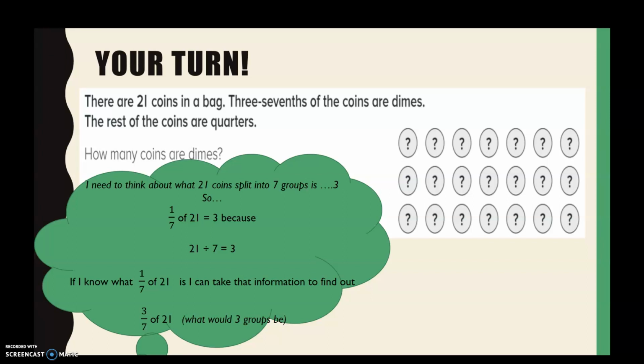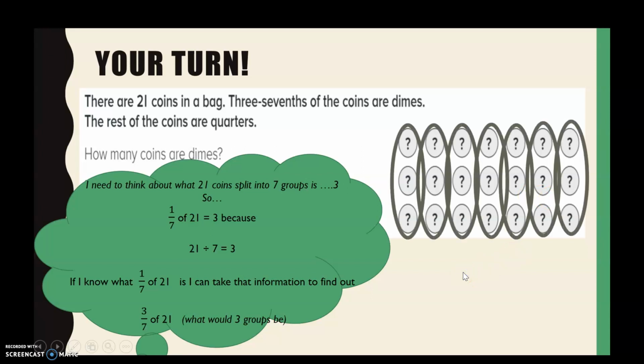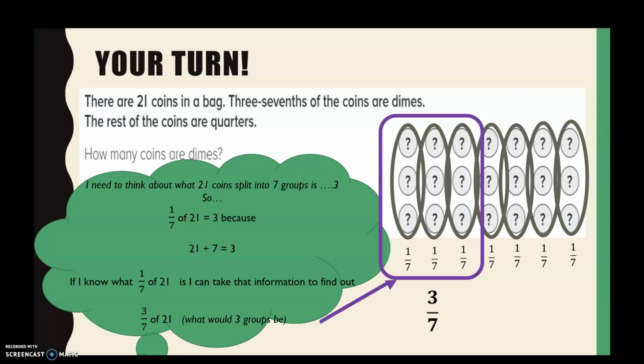This is the same information we've been practicing. 1/7 of 21 tells me I'm taking my 21 coins and dividing it into 7. Why did I pick 7? That goes back to the original problem, right? 3/7 of the coins are dimes. Once I know what 1/7 is, I'm then going to figure out what 3/7 of that would be, or 3 groups of that 7.